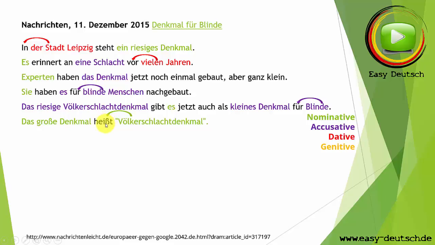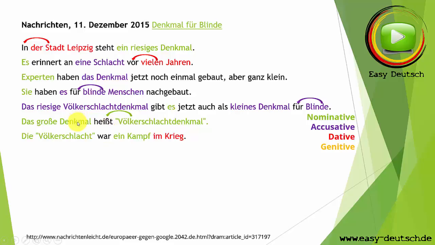They require the nominative case as a subject, obviously, but for their second object as well, because the object talks about the subject as well. That's why it has to be nominative case. Das große Denkmal and Völkerschlacht-Denkmal, it's the same thing, so it's the same case. Nominative.